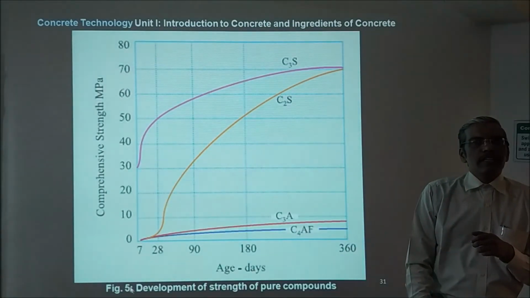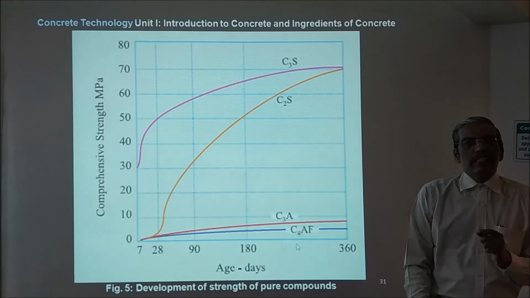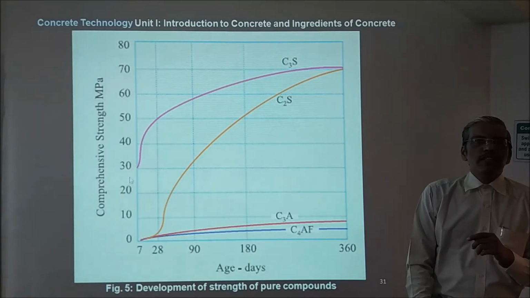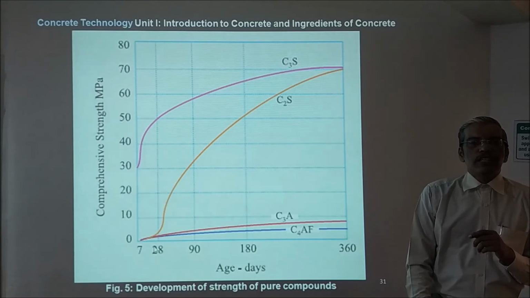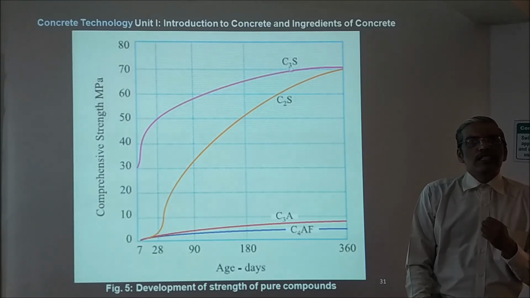So here in this figure we can see the development of the strength of pure compounds. In the horizontal axis the age is given in days and in the vertical axis compressive strength is given in megapascal or Newton per millimeter square. The four major Bogue compounds are shown: C3S, C2S, C3A and C4AF.